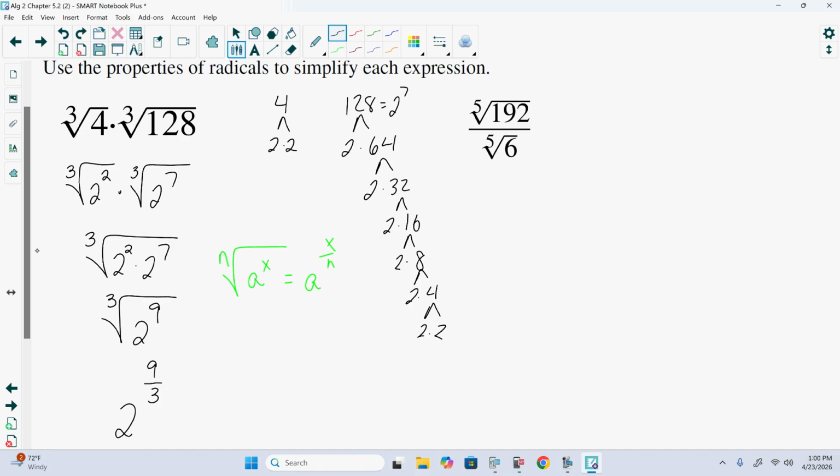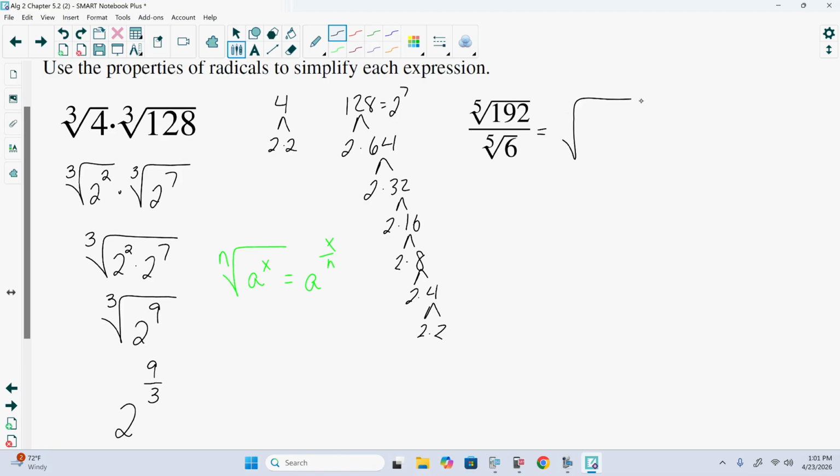Okay. Because 192, does it divide by 6? Does 192 divide by 6? So, I mean, the main way we can check, 192 is even. 1 plus 9 is 10, plus 2 is 12. 12 is divisible by 3. So those should divide evenly.